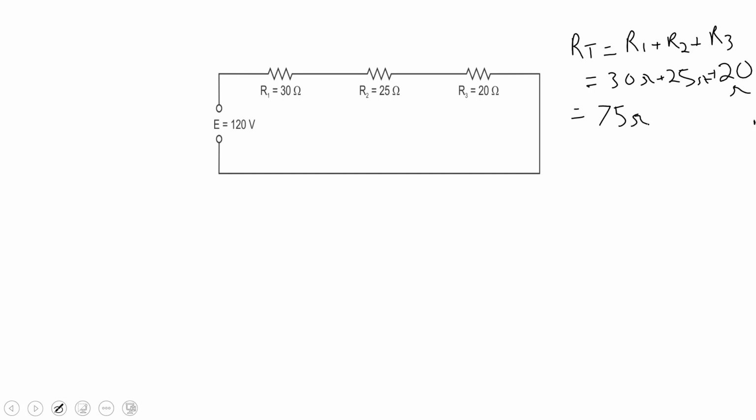Now that we have the total resistance, we can use Ohm's law to calculate the total current of the circuit. I total would be equal to our applied voltage divided by the total resistance. We've got 120 volts divided by 75 ohms, and that will come to 1.6 amps.